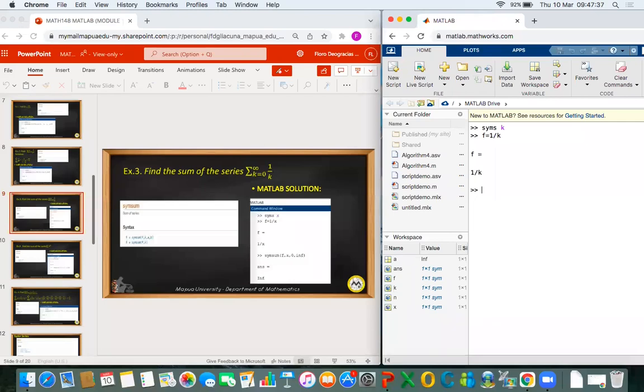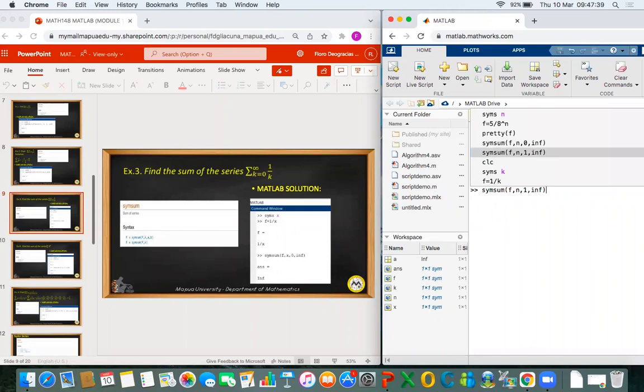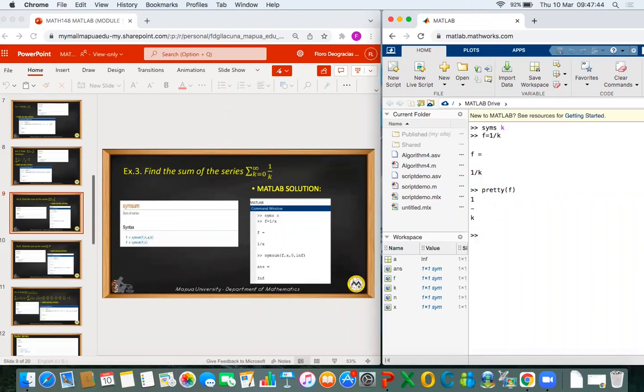Okay, next, if you want to check this, class, with the original expression, you use pretty. Okay, that's 1 over 2. Then plus, you now take the same symsum. So take note of your lower limit, which is 0, from the given problem or series.